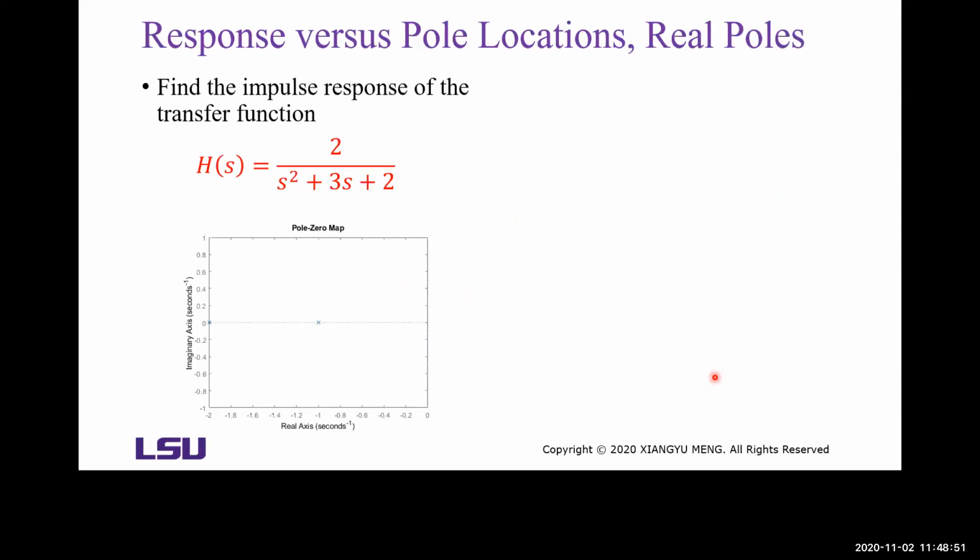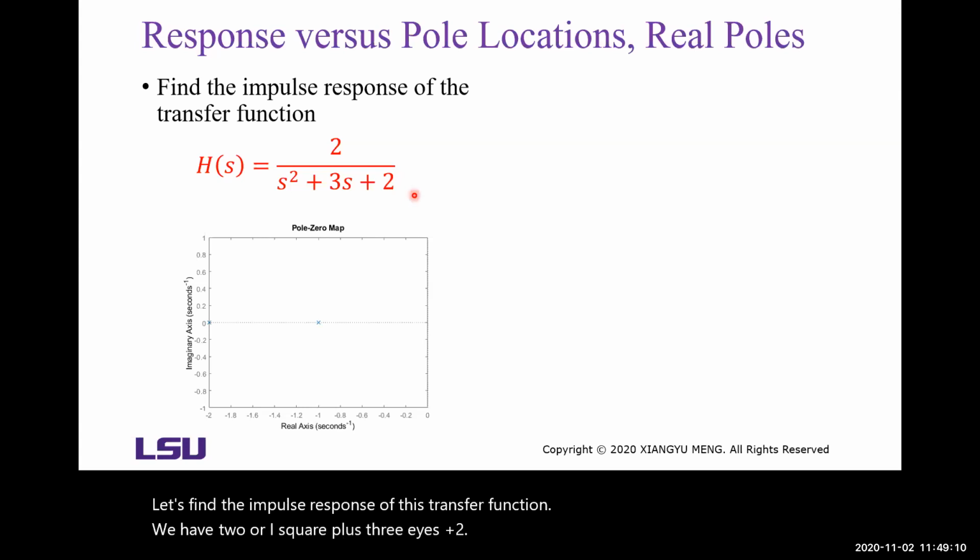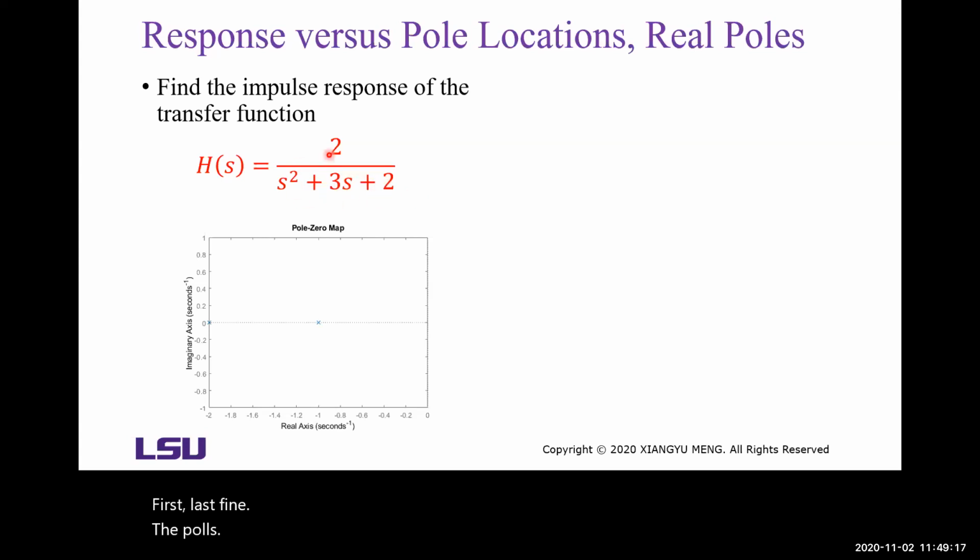Now let's see one example. Let's find the impulse response of this transfer function: 2 over s squared plus 3s plus 2. First, let's find the poles of this transfer function.